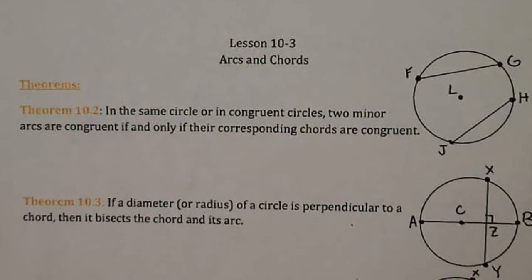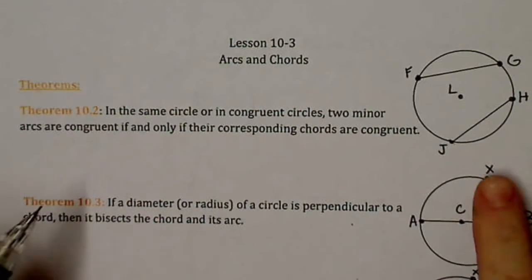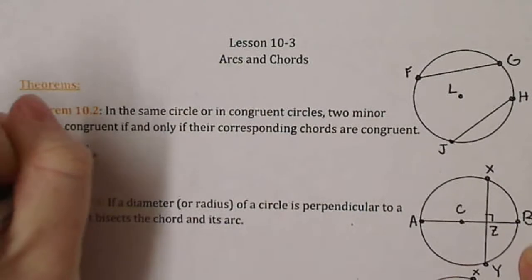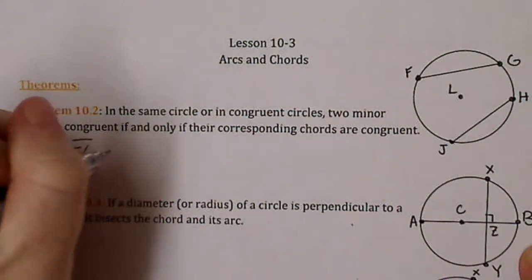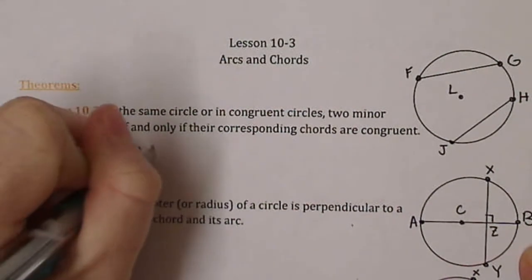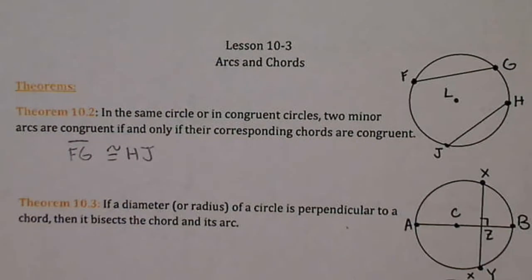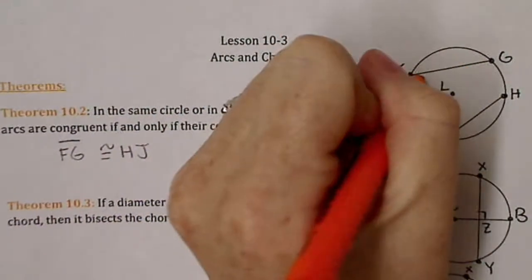Theorem 10.2 basically says, in our picture, if FG, that chord, is congruent to HJ, and I'm going to use my highlighter just so you can see what I'm talking about.